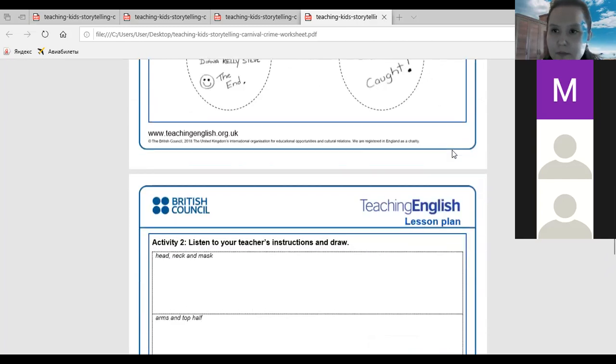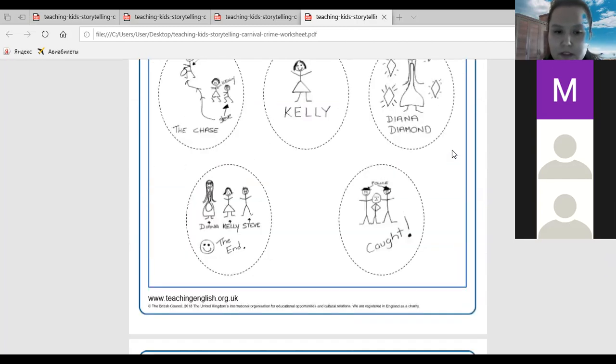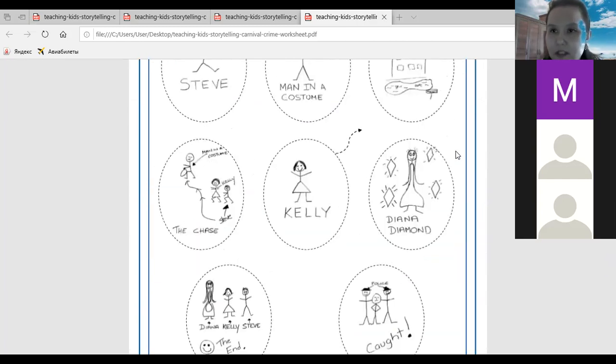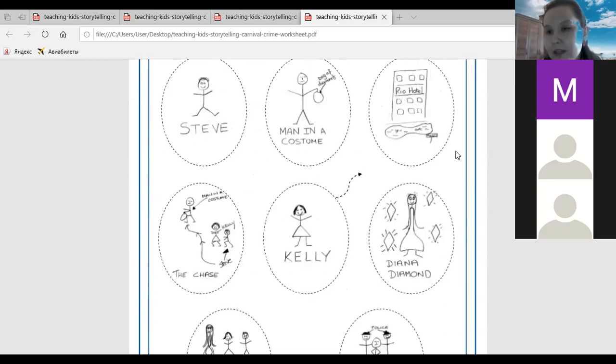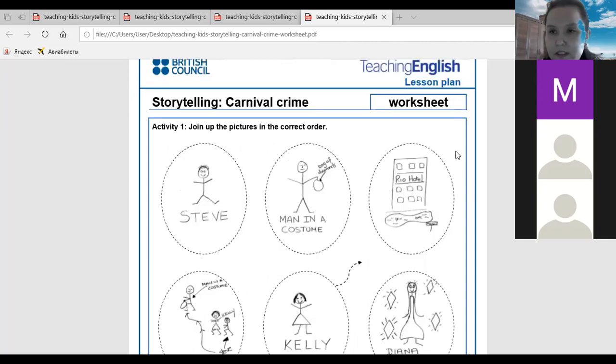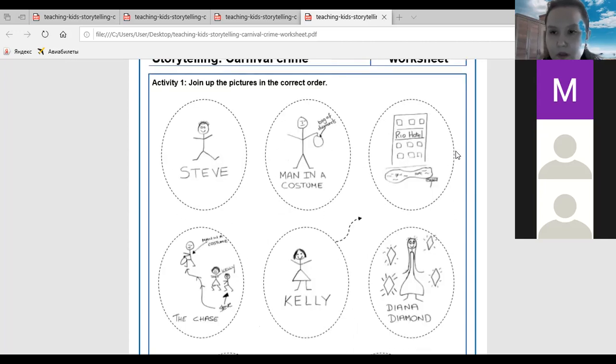To your Telegram group, I will send this worksheet, and you have to do them at home, or you can work with your peers by calling each other, and you can do this home task, these activities, okay, at home.